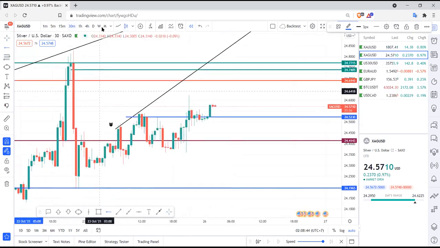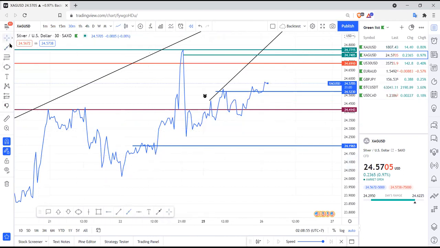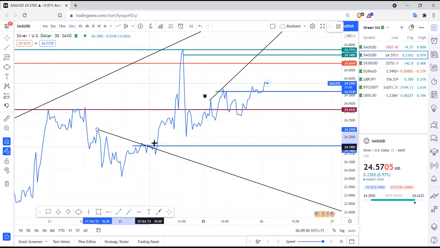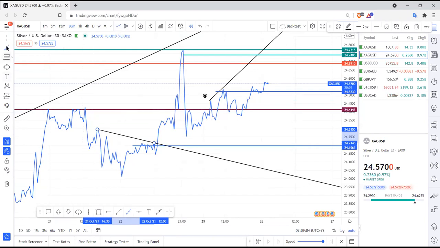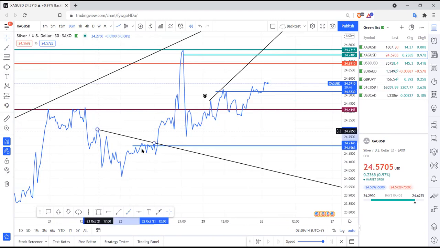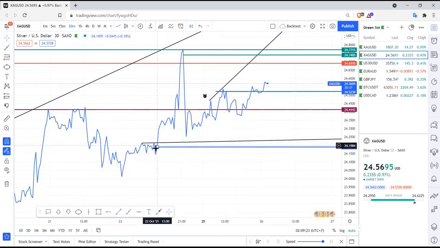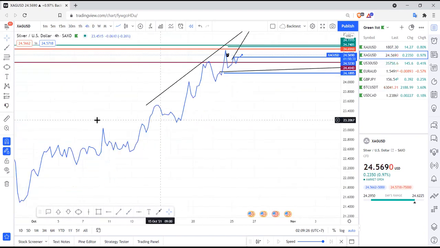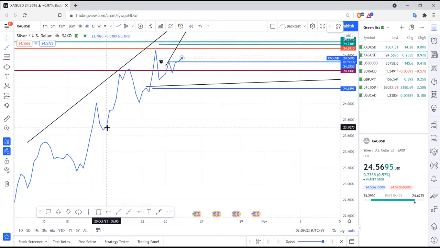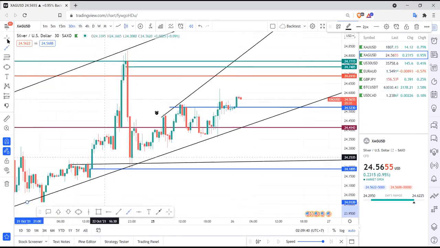So, M30 breakout. Like this. Yeah, that's my view for silver, same like crude.